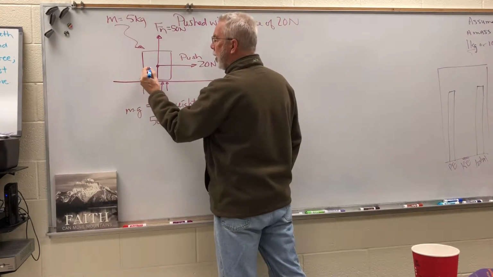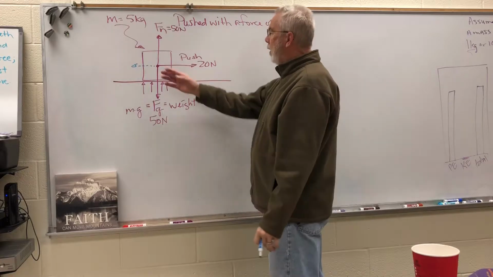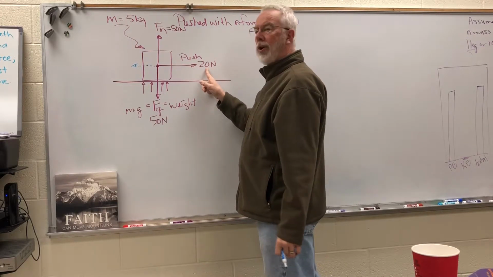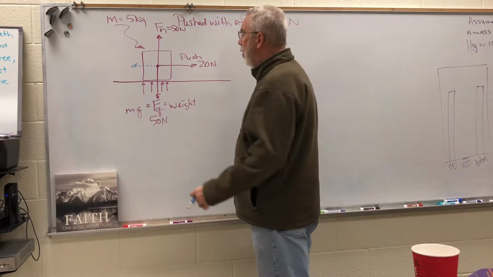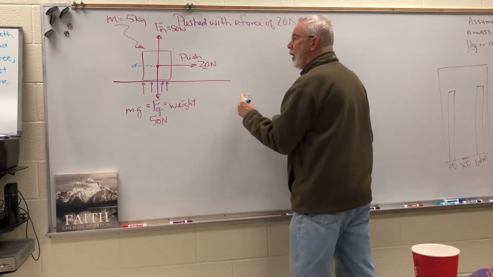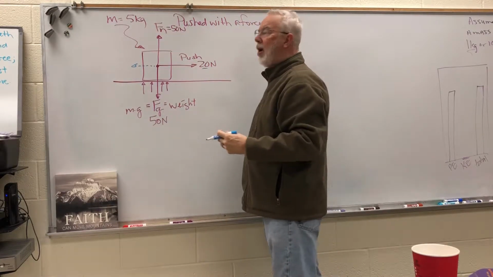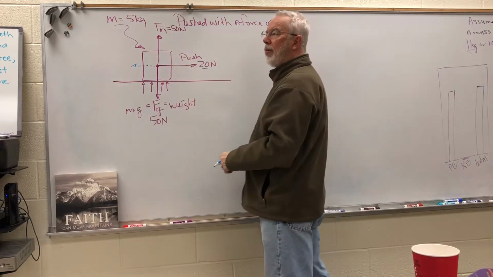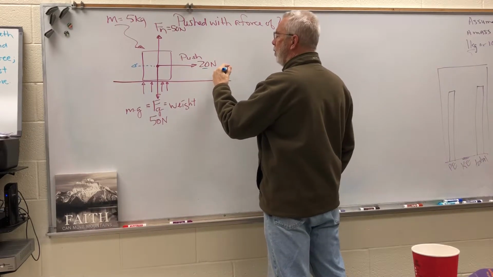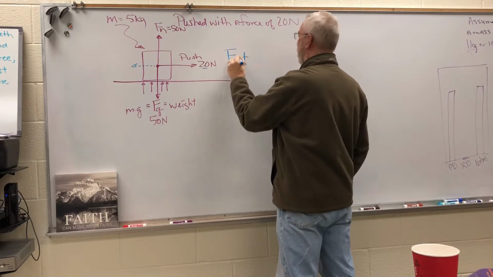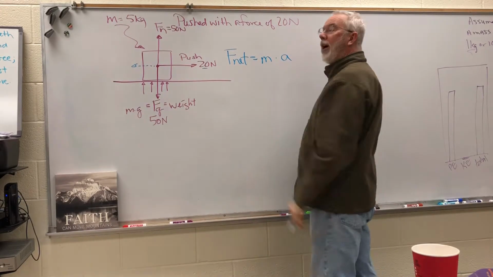If there is no friction, then we can assume that back here, there is no force. So the only force acting on the box is the push to the right, and we're assuming that the surface is frictionless. So we have unbalanced forces here. We have nothing to the left, but we have 20 to the right. So there's going to be a movement to the right, and we say that the net force is equal to the mass times the acceleration.